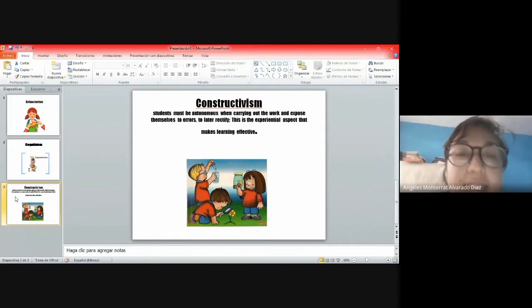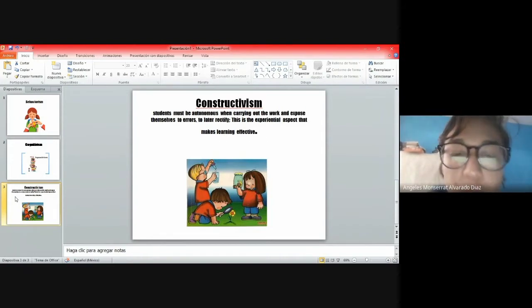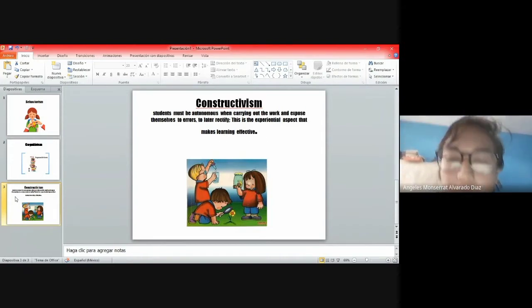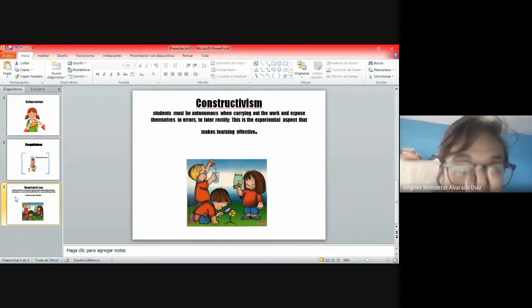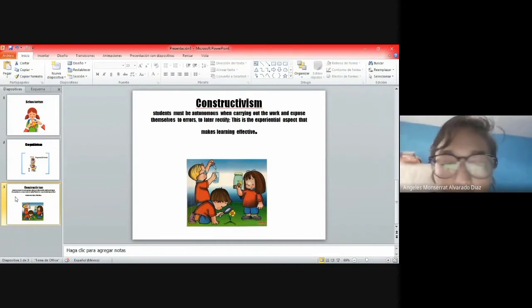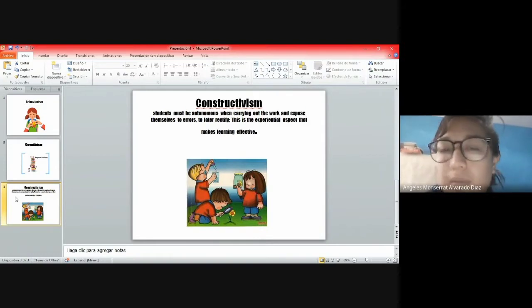The teacher has to promote curiosity to find answers and play with interactive material.